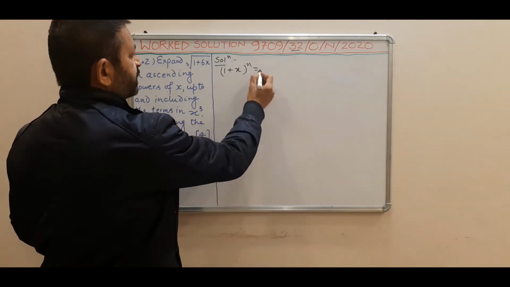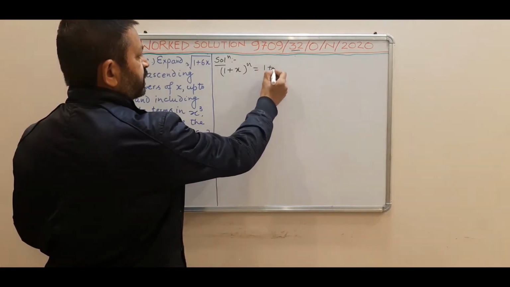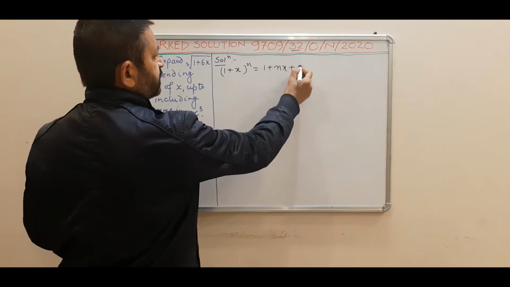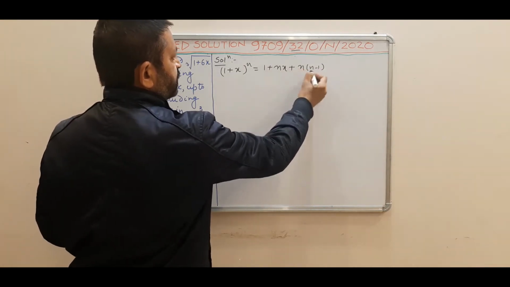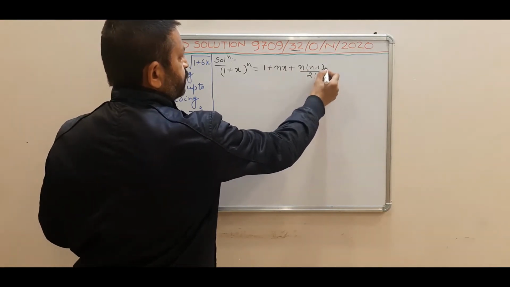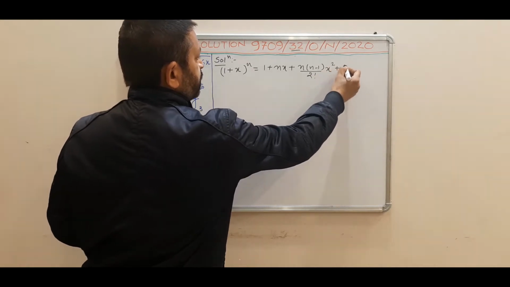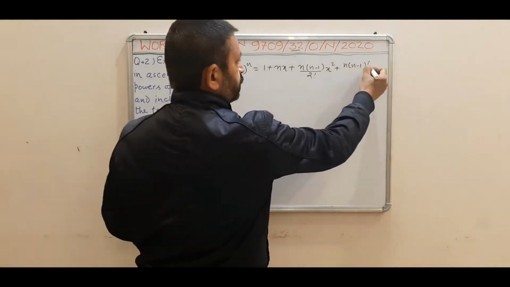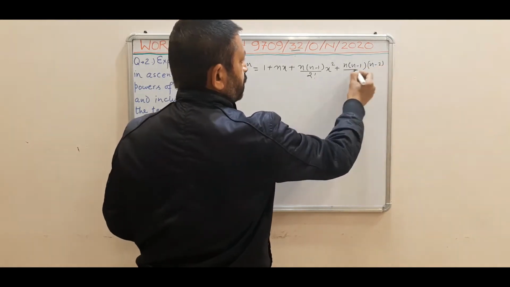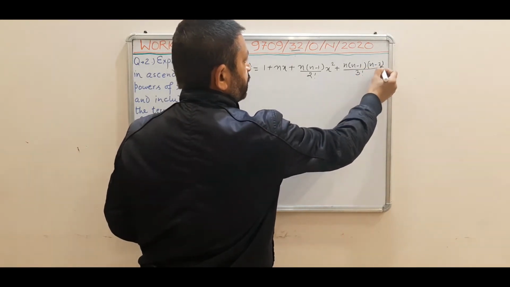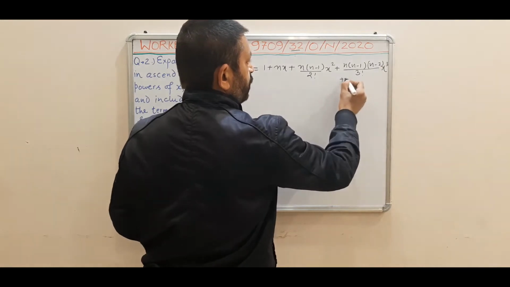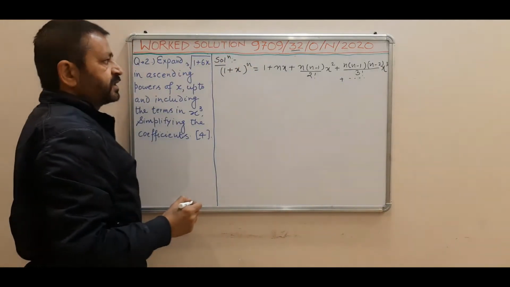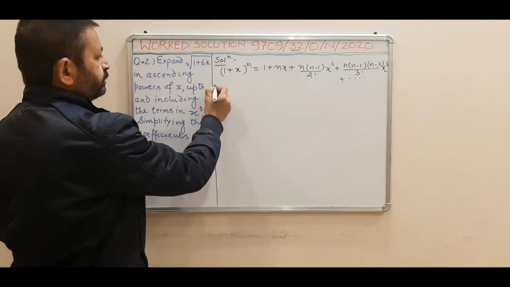So (1 + x)^n is 1 + nx + n(n - 1)/factorial 2 into x square + n(n - 1)(n - 2)/factorial 3 into x cube and so on. So we'll use this identity for this expansion.